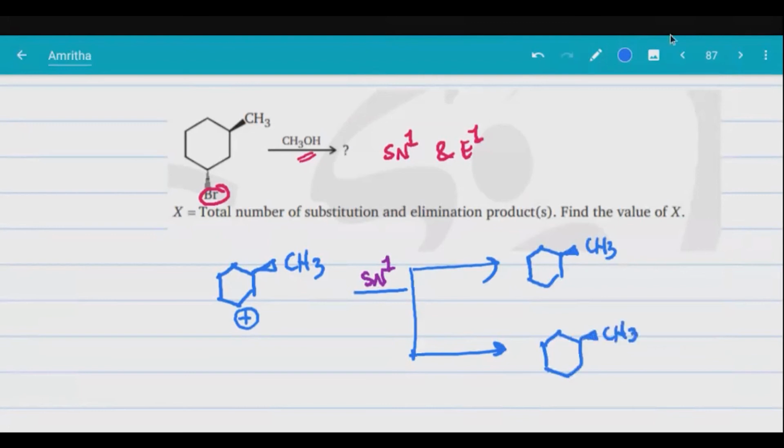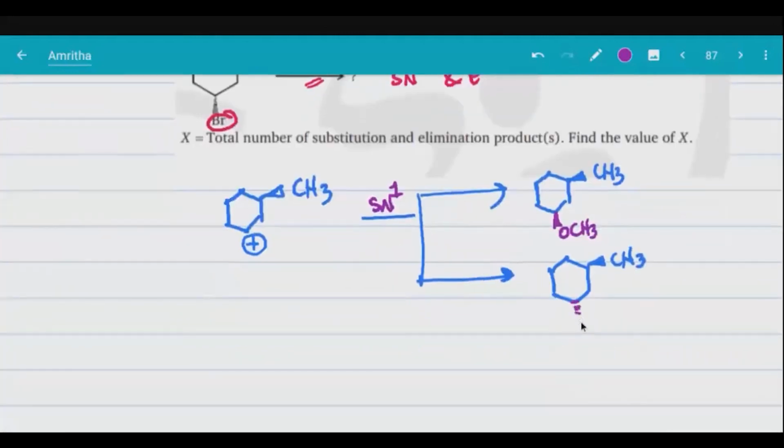But what about the nucleophile? This is a carbocation, so this can be down OCH3, yes, possible. Or up OCH3 or down OCH3. Up means thick line, down means dotted line. Or you can say towards observer, away from observer. So two possibilities for substitution.